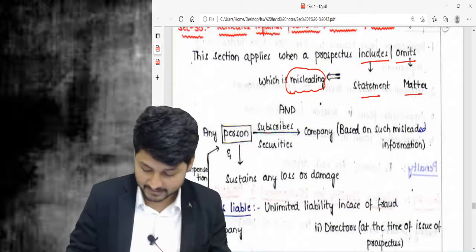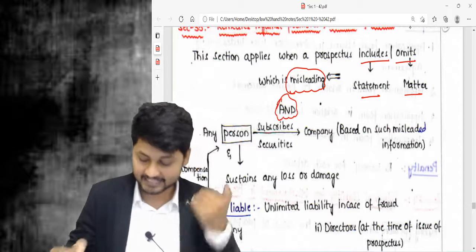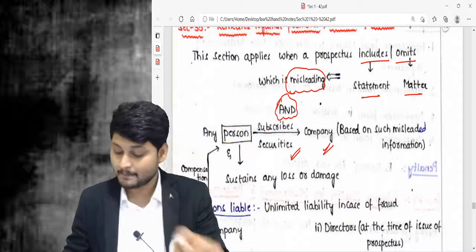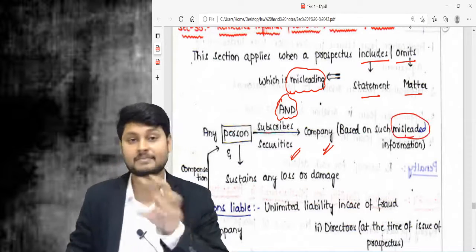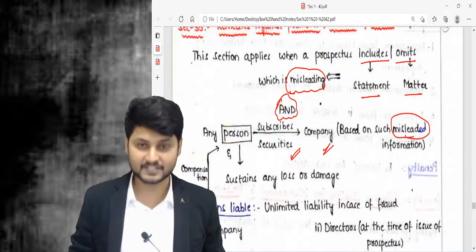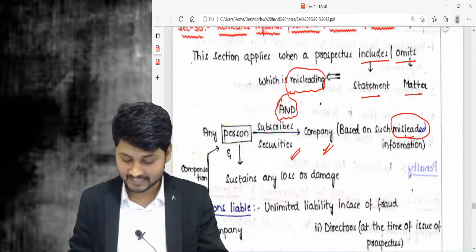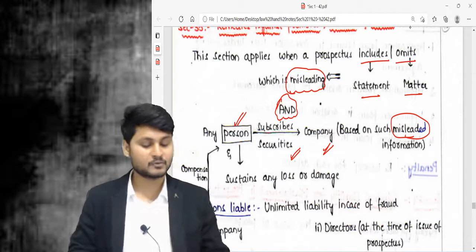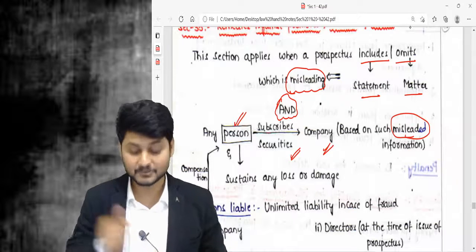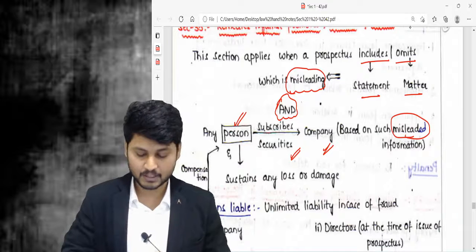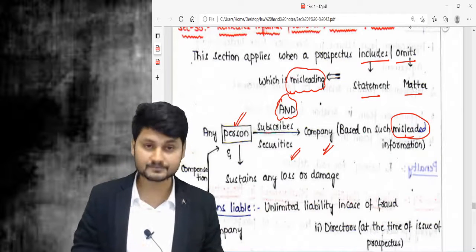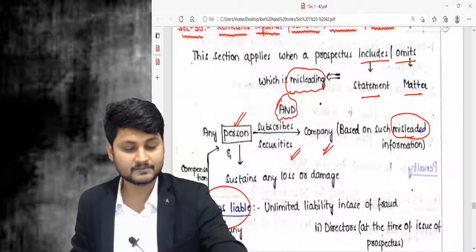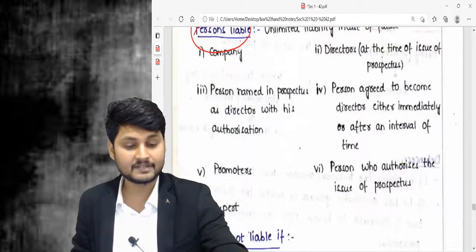Any person who subscribes to the securities of the company based on such misleading information, then such losses shall be compensated by the persons liable. Now, who will come under this? It includes seven persons in fact.